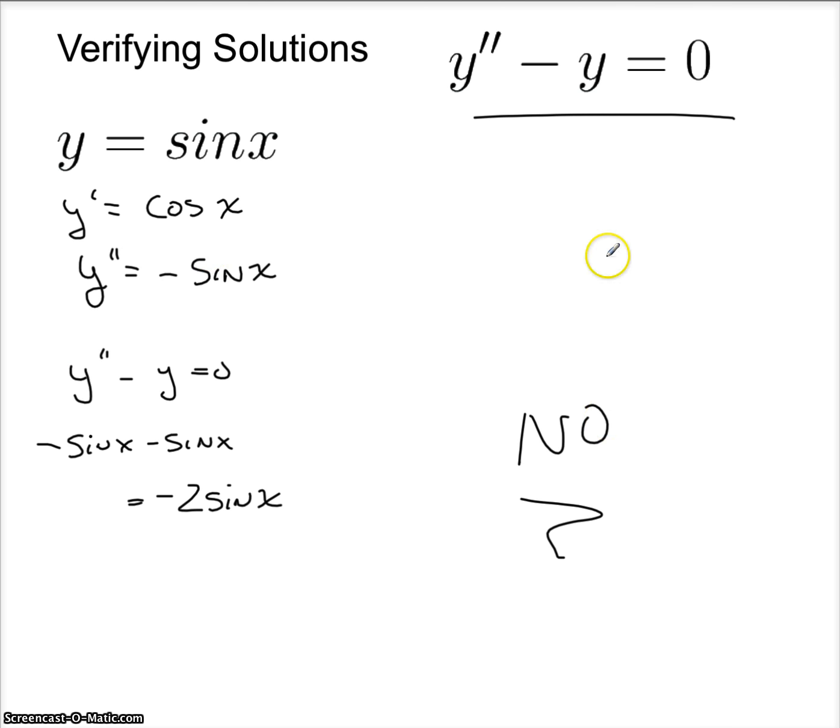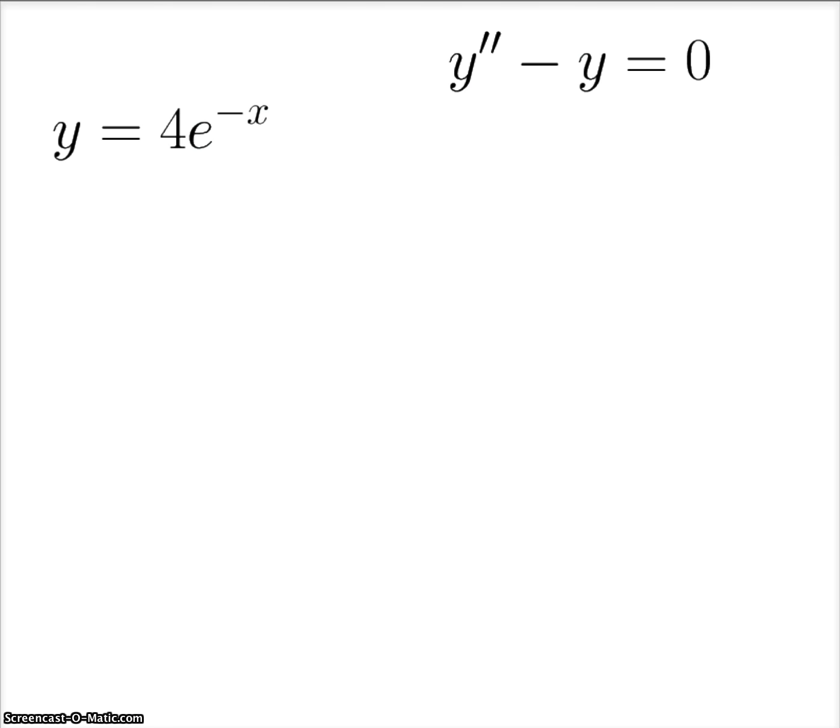Now, what differential equation would this be a solution to? Well, maybe if I had done y double prime plus y equals 0, then I would have minus sine of x plus sine of x equals 0. So you need to be careful and keep your signs straight. I make a lot of mistakes with signs, so we'll see if y'all catch me.